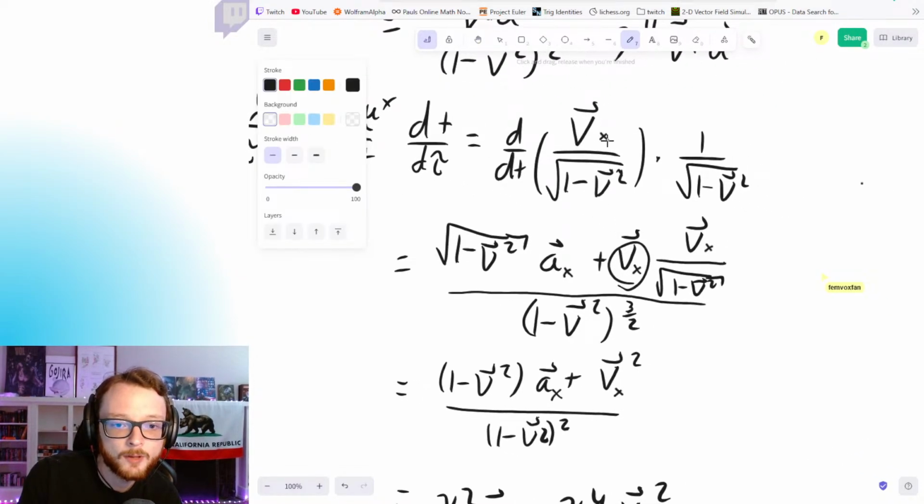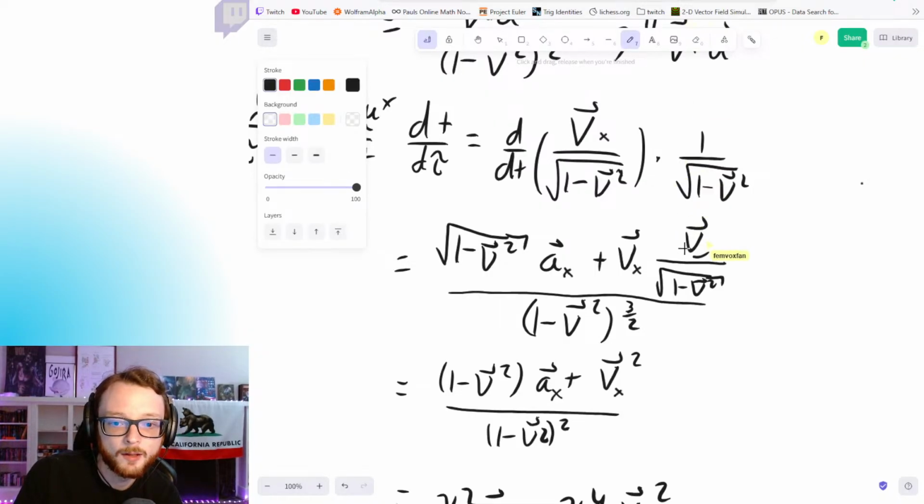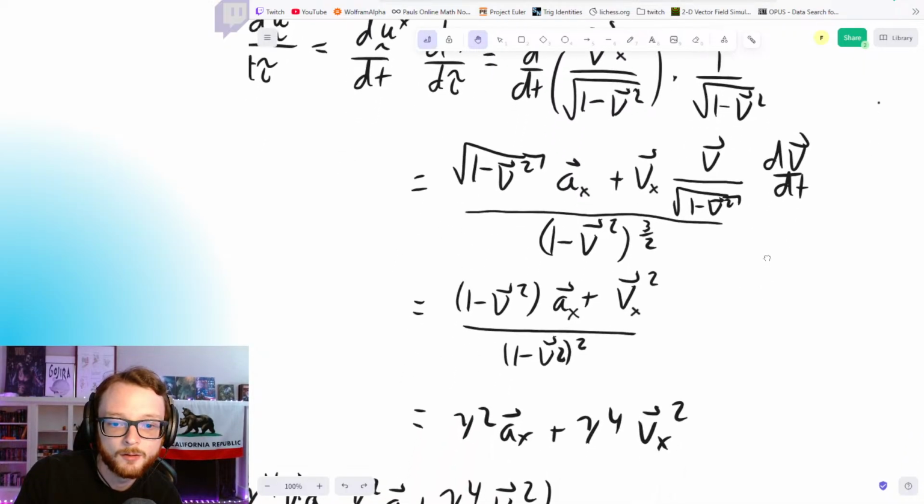This Vx came from the numerator. Okay. I think that V needs to be a dot, and that's going to make more sense. That V came from that V, and then we needed the dv/dt out here, and that's going to give us an A. Yeah.